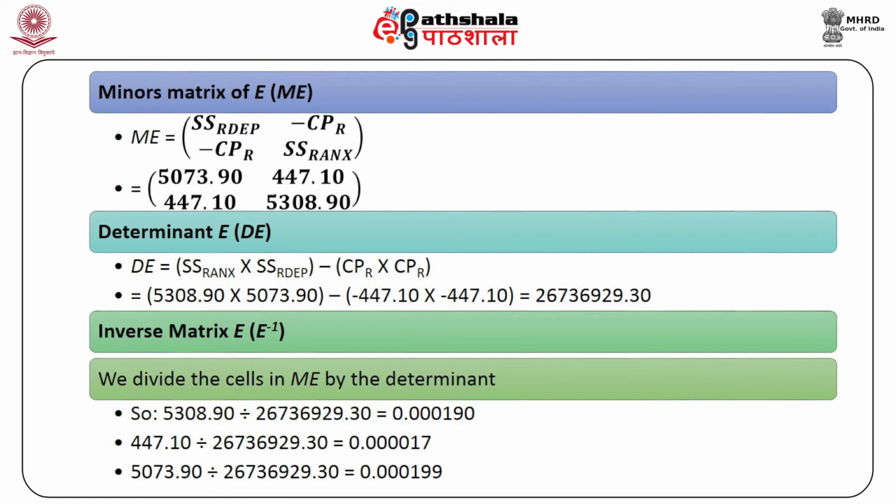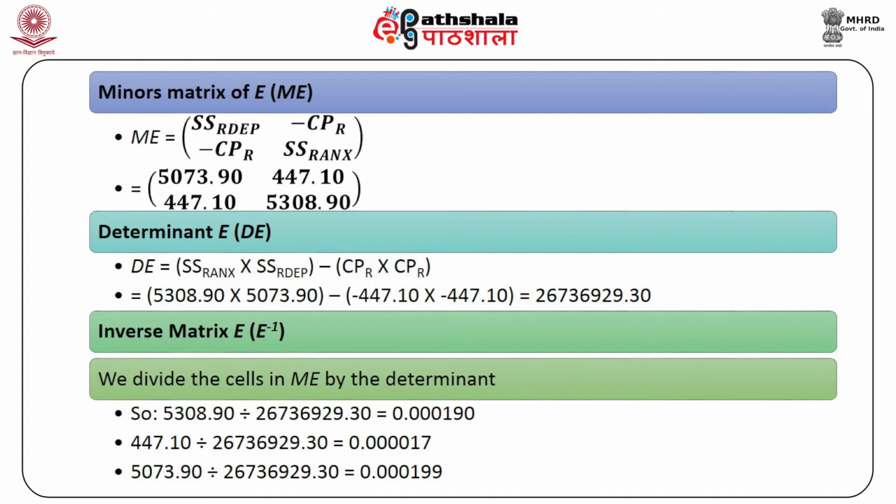The inverse matrix of E, which we can calculate if we have knowledge of matrices, we divide the cells in ME, that is the minor matrix of error, that is, we calculate the inverse and we arrive at the cells in ME by the determinant.